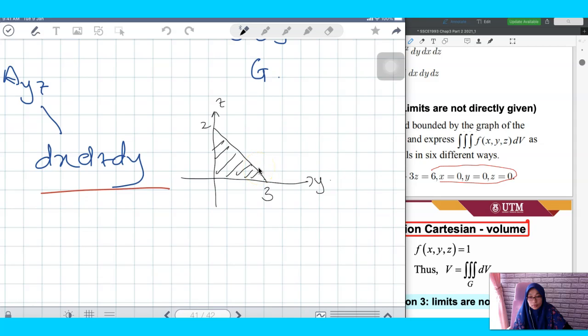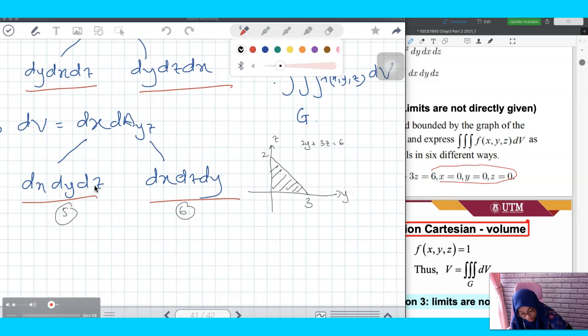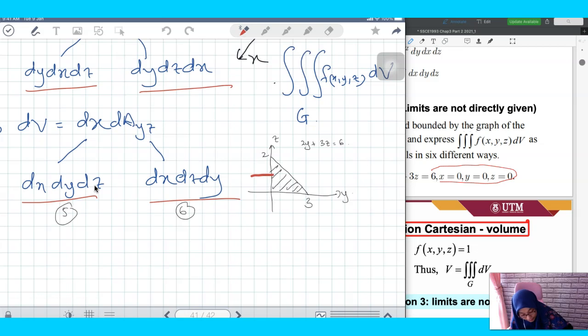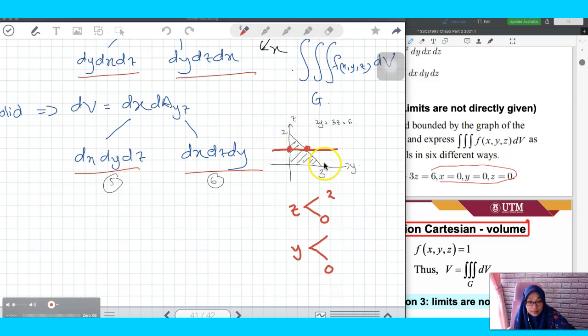Now let's say the fifth is this one and this is the sixth. For the fifth you have to have z constant. So when you have z constant, you have to provide the horizontal line. So you can see that z is constant, 0 to 2, and y is a function, from 0 to the line of this one.